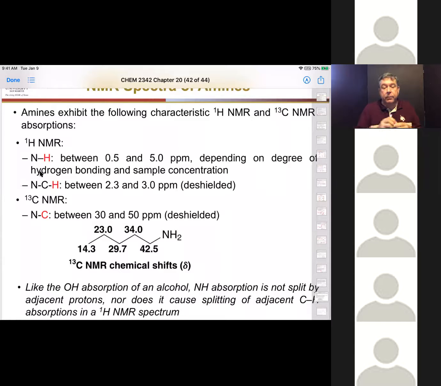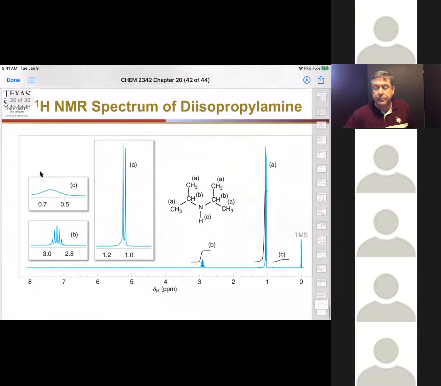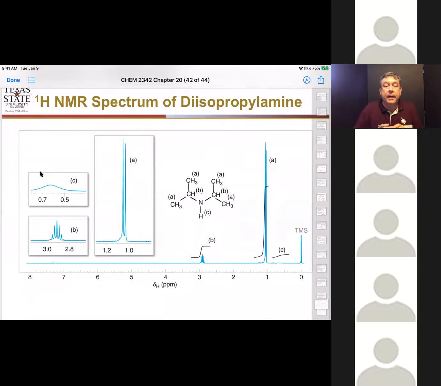You don't split through an oxygen, you don't split through a nitrogen. So what that means is it actually helps clean up your spectrum. So for example, in the case of this diisopropylamine, we see the splitting pattern we'd see if there were no hydrogens on this atom at all. So this nitrogen here, because it can hydrogen bond, it's actually this little tiny peak right here. It's really broad. And it's not split by any of the hydrogens.